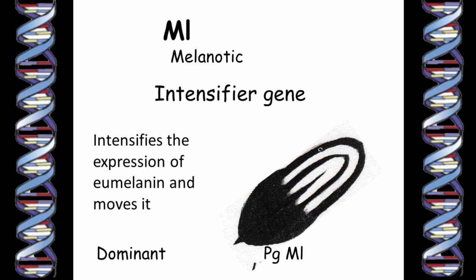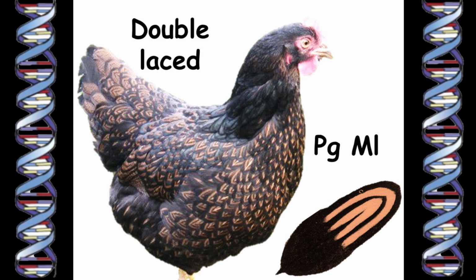If a chicken has the ML gene as well as the PG gene, the concentric lines of black become broader and shift towards the outer edge of the feather. So the concentric lines of black are fewer and wider, and there is a black rim around the very edge of the feather. This is called double lacing. Perhaps the most typical example is in the Wyandottes.